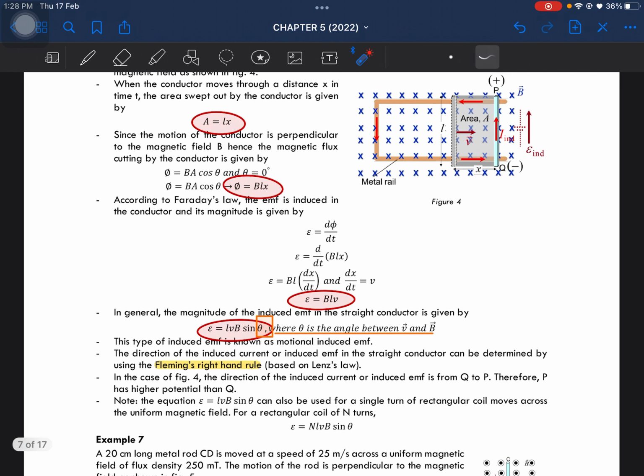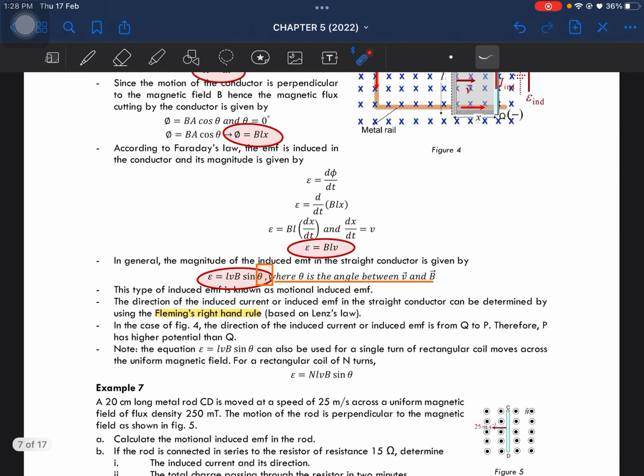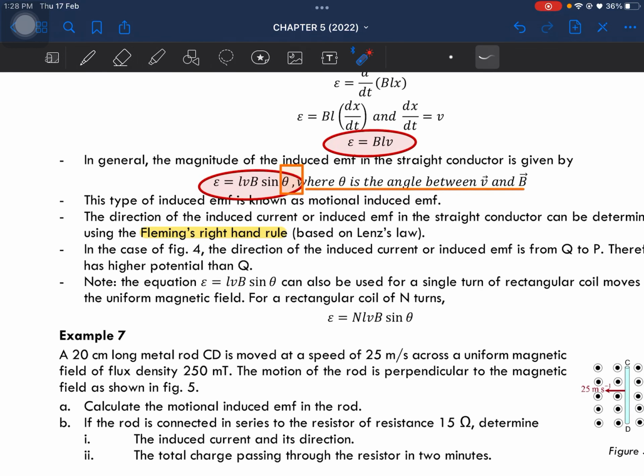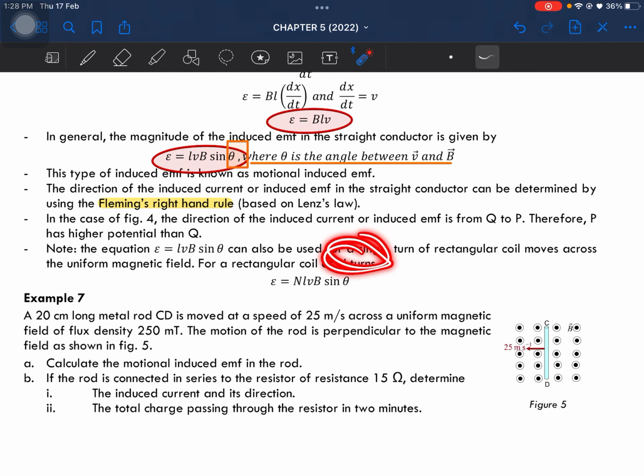Okay, so the end at point P will have a much higher potential than Q. Okay, so note that the equation here can also be used for a single turn of rectangular coil. But if it has a number of turns, just multiply it with n.